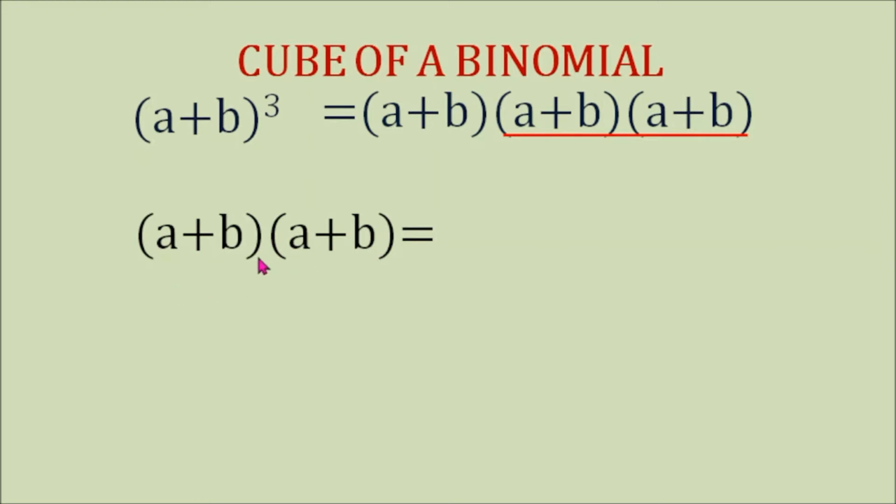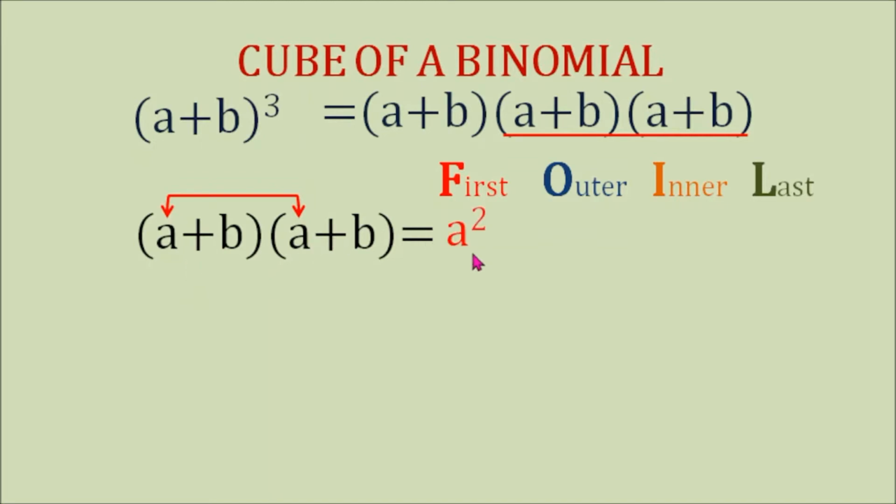Since we are multiplying two binomials, we can use the FOIL method. F stands for the product of the first terms, that's a times a, that's a squared. O stands for product of the outer terms, that's a times b, and that's ab.